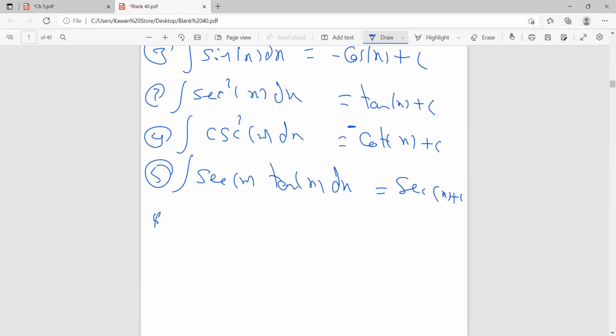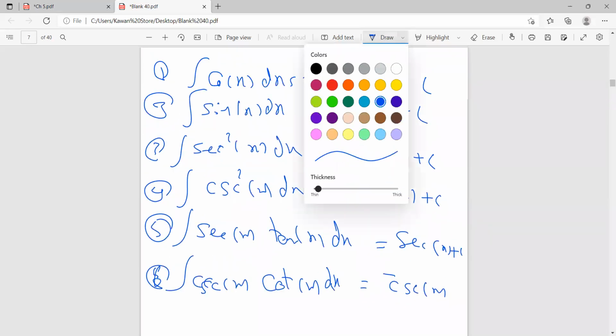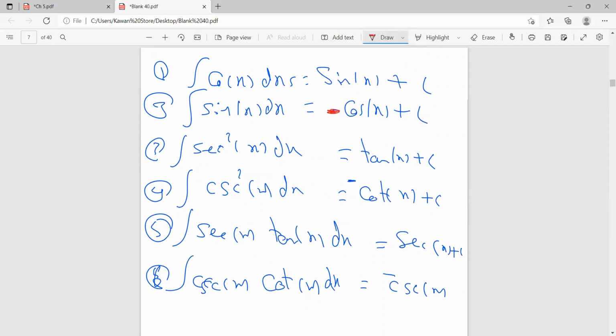The last one, if you have cosecant of x, cotan of x dx, then you will get minus cosecant of x. Look at the trick that I wrote for you here. The first is positive, negative, positive, negative.